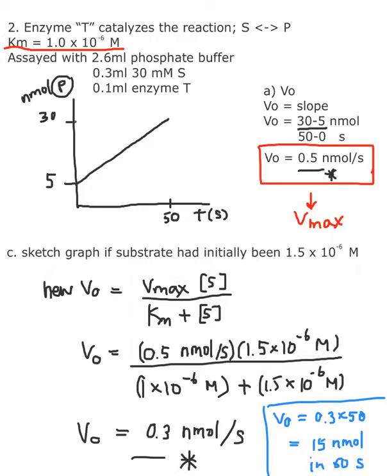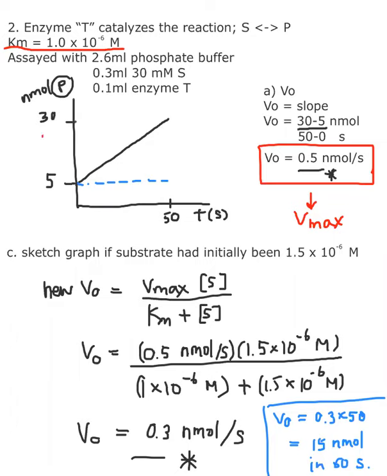So I want to plot this velocity in the graph here. If we begin at the baseline, which is 5 here, then 5 plus 15 would be 20.